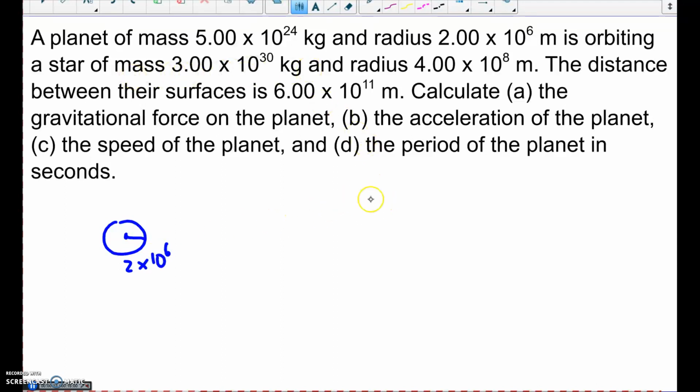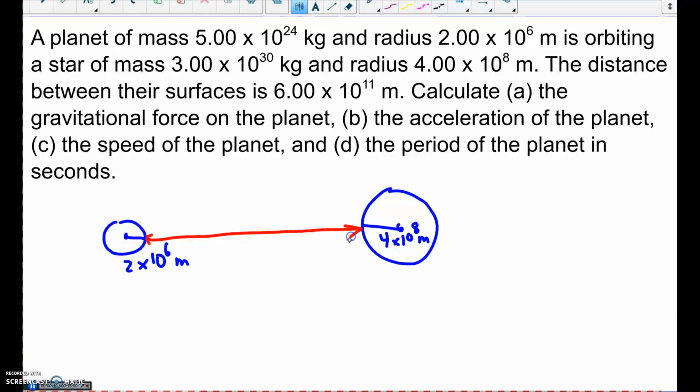And then you've got a star that's bigger. It has a bigger mass and a bigger radius, 4 times 10 to the 8 meters. Meters over here too. And then they tell us the distance between their surfaces is 6 times 10 to the 11.